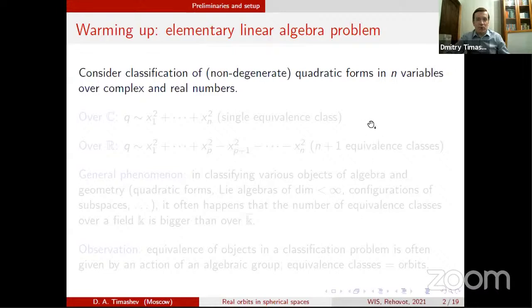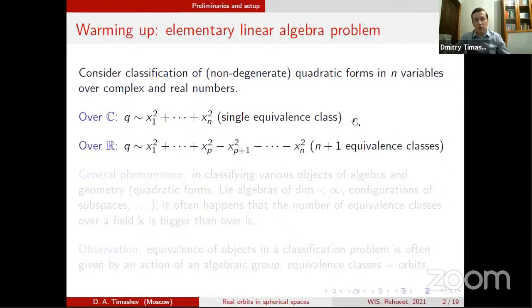As everyone knows, at least those who passed an exam in linear algebra should know, over complex numbers there is a single equivalence class of non-degenerate quadratic forms given by this representative. And over real numbers, the situation is a bit more complicated. There are several equivalence classes distinguished by inertia of quadratic forms.